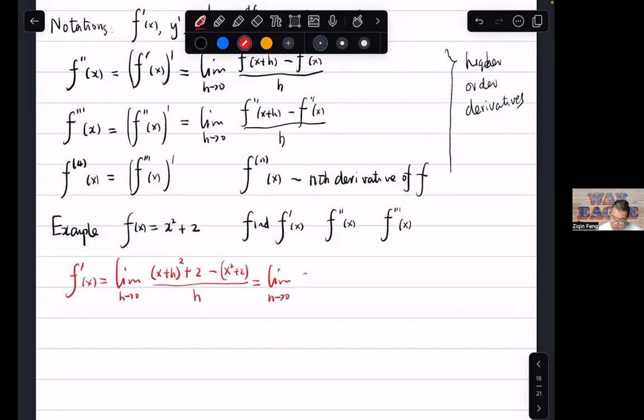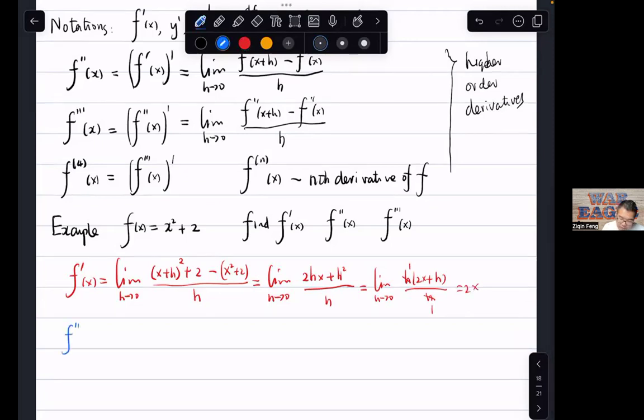You get 2hx plus h squared over h, because the 2 will be canceled, x squared will be canceled. Take out the common factor h from the numerator. You get the limit as h goes to 0 of h times (2x plus h) over h. So h is canceled. Now you can plug in 0. You get 2x.